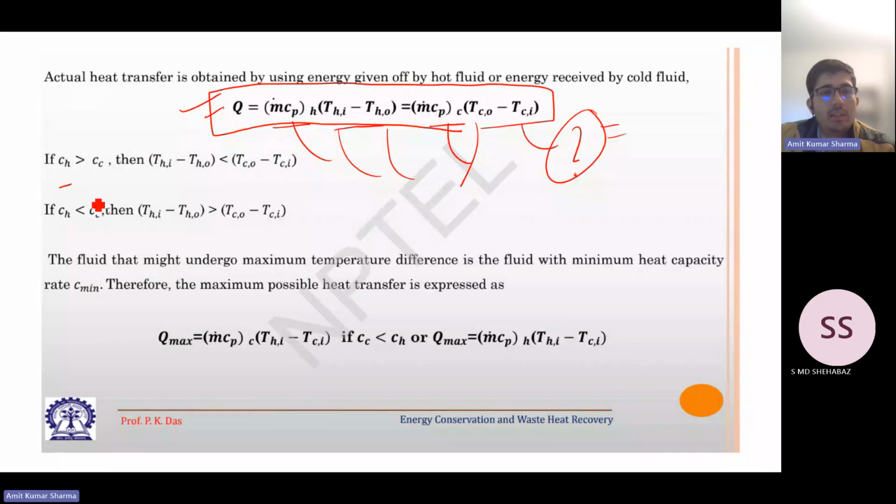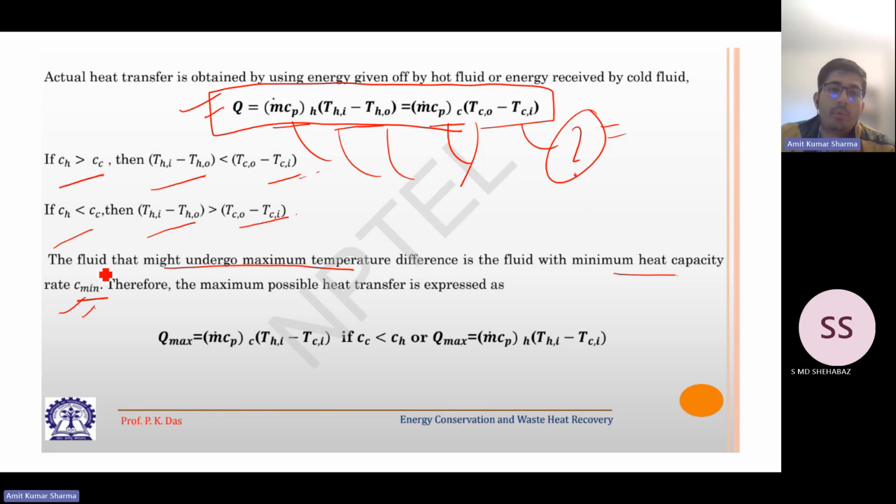If Ch is greater than Cc, then Thi minus Tho is less than Tco minus Tci. If Ch is less than Cc, then Thi minus Tho is greater than Tco minus Tci. The fluid that might undergo maximum temperature difference is the fluid with minimum heat capacity rate, C minimum.